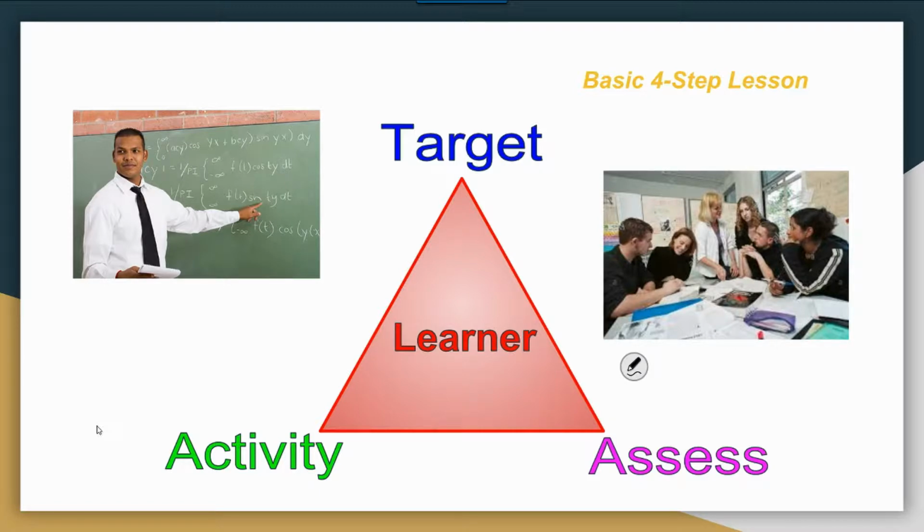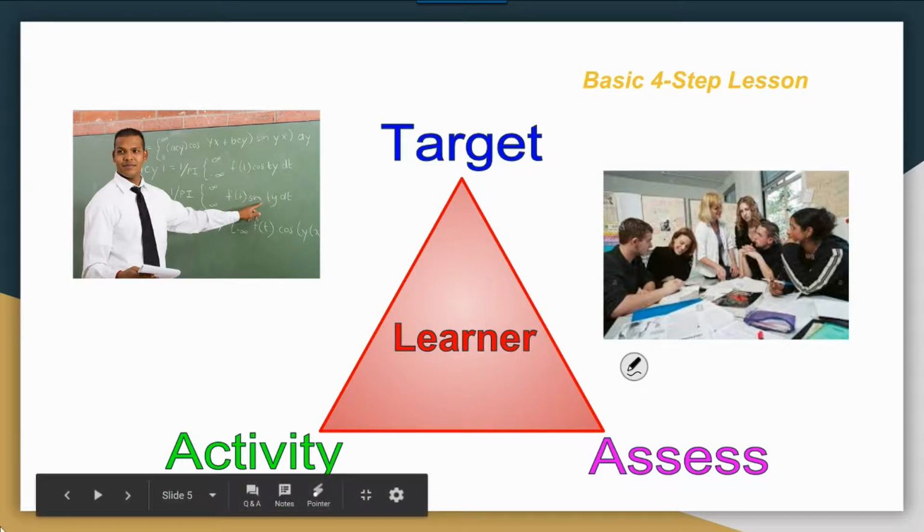The next one is the assessment to measure the learning target. And the third is the activity that gets the students to success on the assessment to indicate that they've met the target. And all of this is predicated on who the learner is. So that's why I have the learner in the middle and those other things.